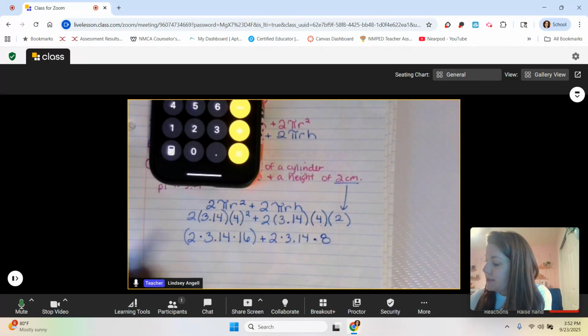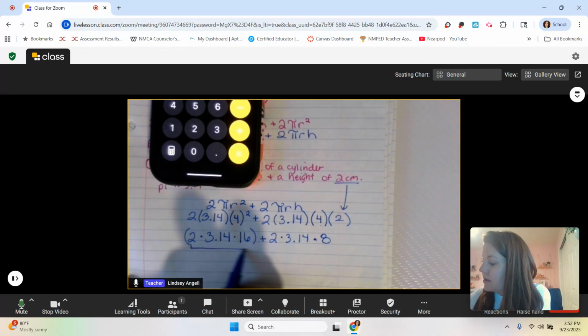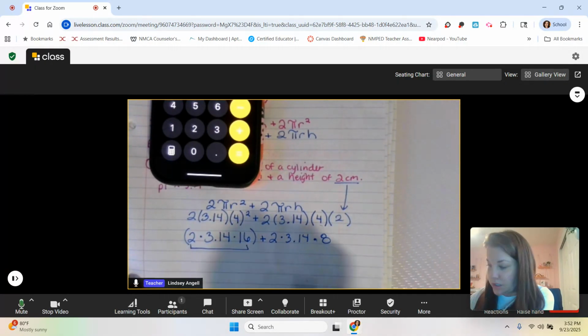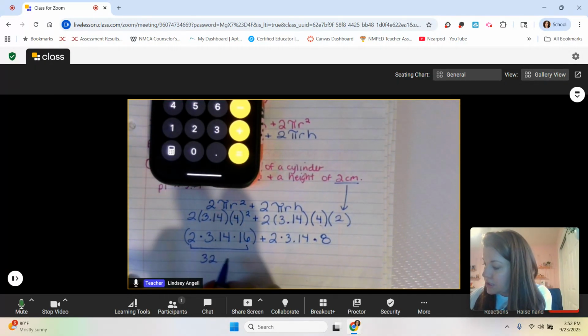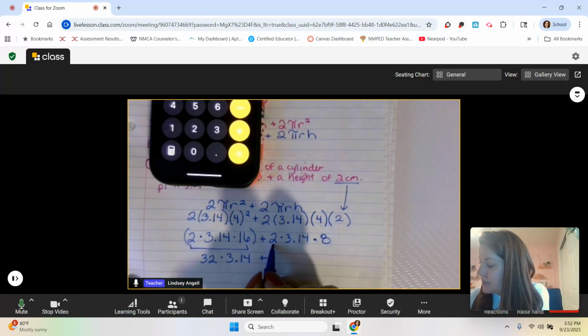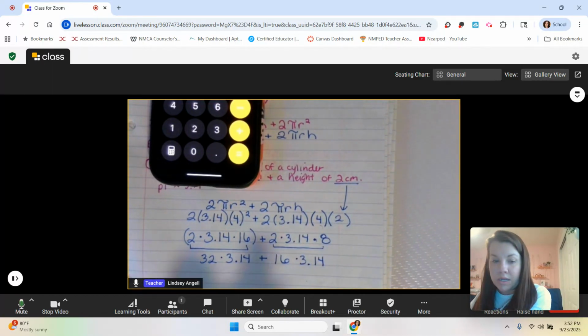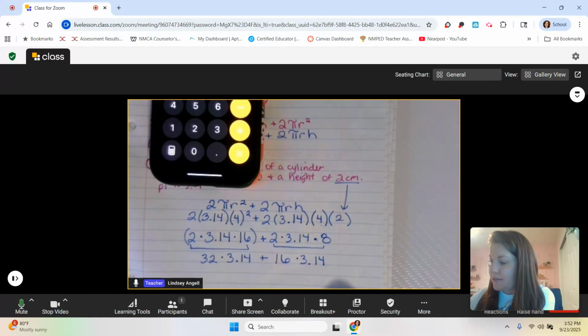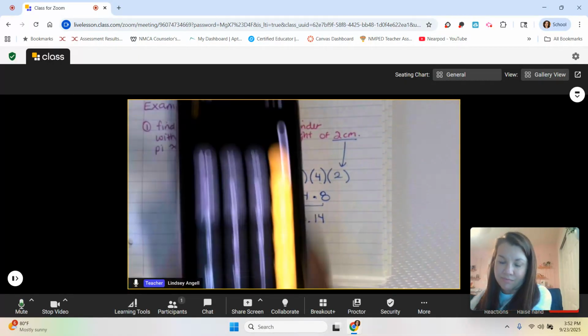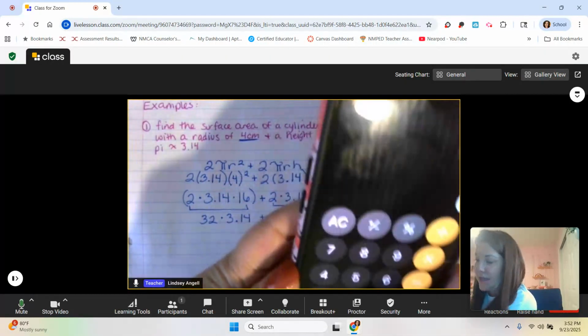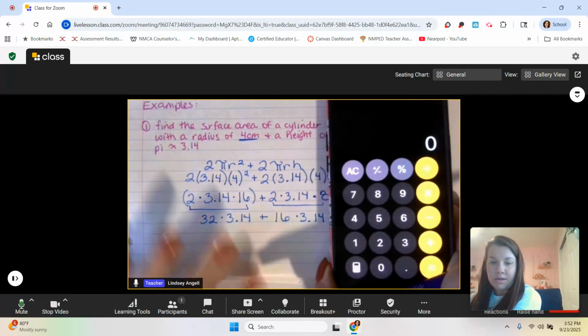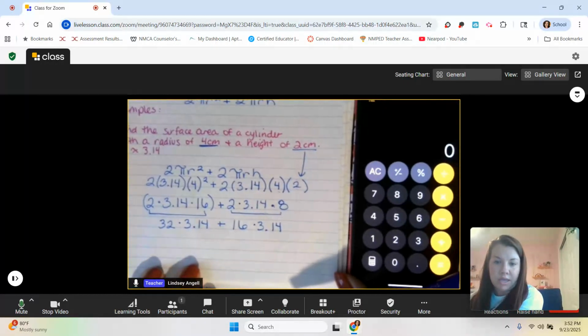We can bring some other stuff down. I know that 2 times 16 is 32, so we could say 32 times 3.14 plus, and then 2 times 8 is 16, times 3.14. So there was some stuff I was able to just do in my head, but with the decimals, go ahead, use the calculator. I'm trying to be able to show everything.